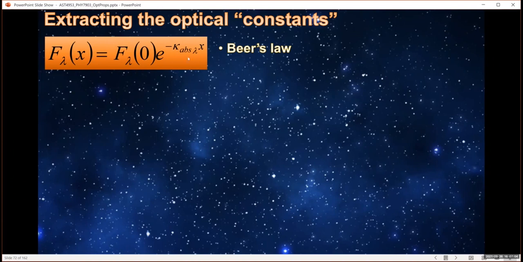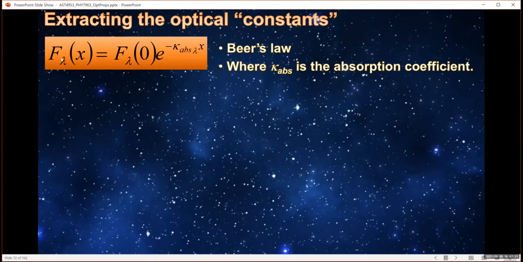Remember that what we see in the lab is that we're measuring the flux after the light has passed through some material, and it depends on the intensity of the light before it entered the material, the absorption coefficient of the material, which is wavelength dependent, and the thickness of the slab of material. This is known as Beer's law.